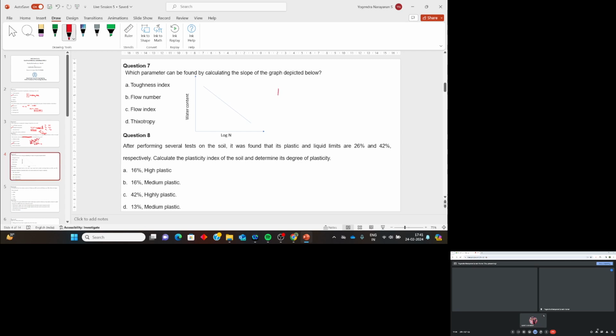So what is the relation for flow index? Flow index is depicted by IF. So, let us take this point. This is W1, sorry, this is N1 and W1.